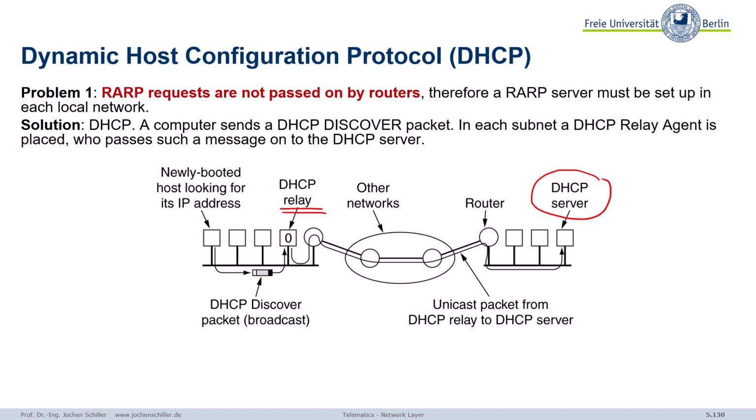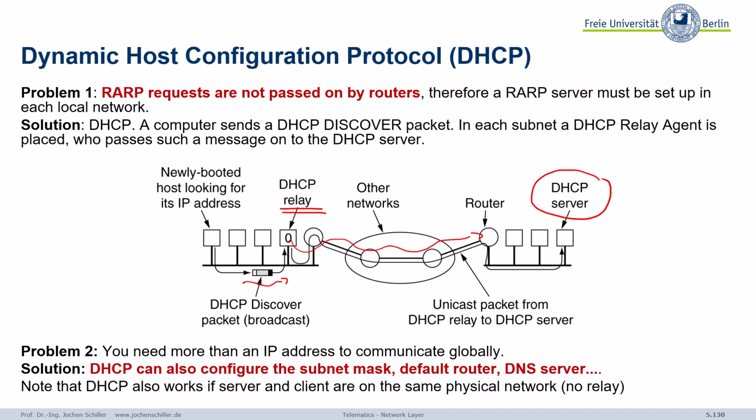If someone sends a DHCP Discover via a broadcast, you can relay this over other networks into the network with the DHCP server. So there's a relay agent. That's the idea of how you solve the problem that you do not want a DHCP server on all the local area networks. Maybe in a company you have one DHCP server assigning the addresses, but not in all the local area networks.